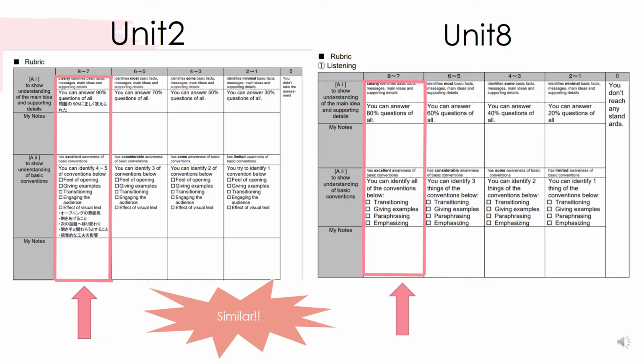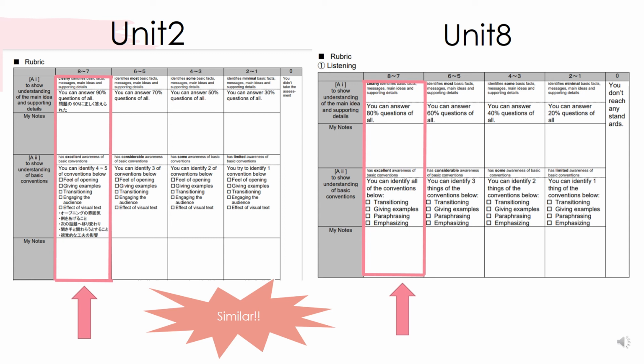For example, Unit 2 and Unit 8 are similar units in first grade. Each unit has a listening test. These are the same skills. This is a rubric of Unit 2. Look at the A1. It says you can answer 90% of all questions in score 8 to 7.